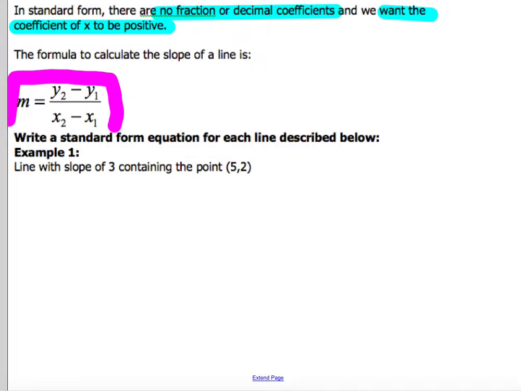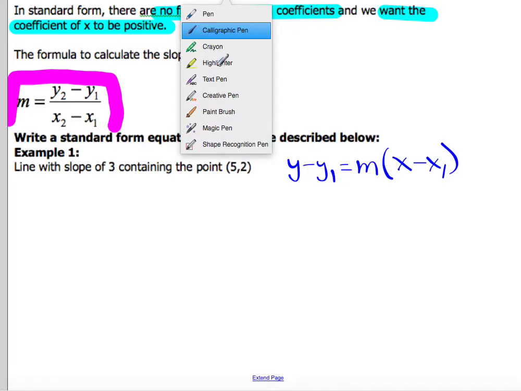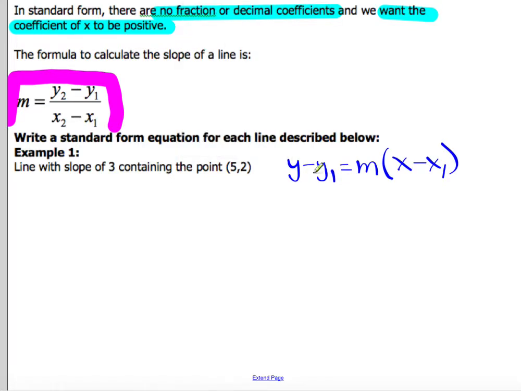So again, I'm going to start with the point slope formula, which is y minus y1 equals the slope times x minus x1. In this formula, we're going to be replacing y1 with the y1 from the graph, which is 2. We're going to replace the x1 with the x from the equation, and we're going to replace the slope with the slope of 3.